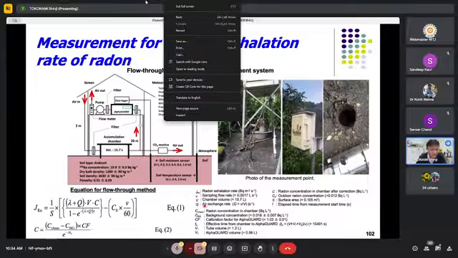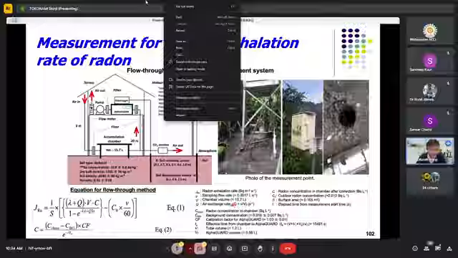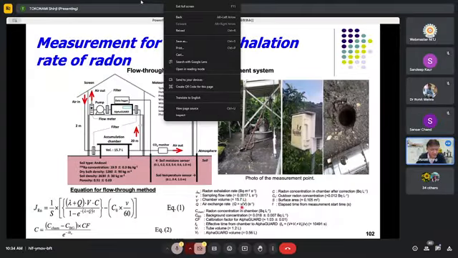Q, this is air exchange rate defined as v over capital V. C, radon concentration in chamber after correction. C0, outdoor radon concentration. S, surface area. T, elapsed time from measurement start time.